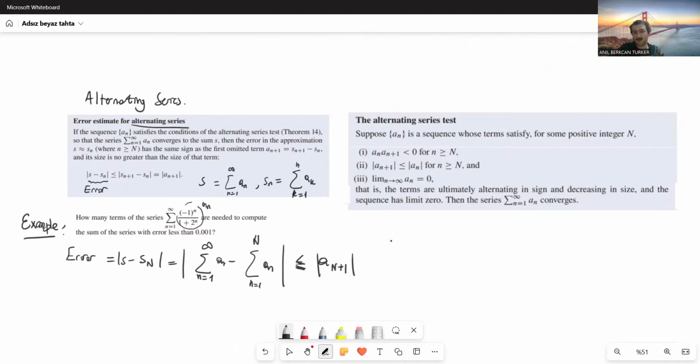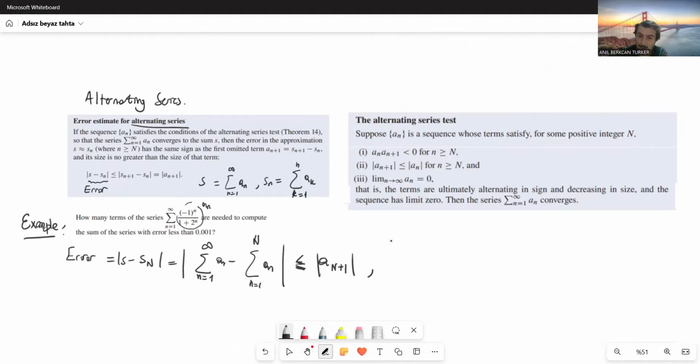If I can find a bound for my term, then I can find that this error will be less than this, and this finite sum will be enough to calculate the whole series with this error.